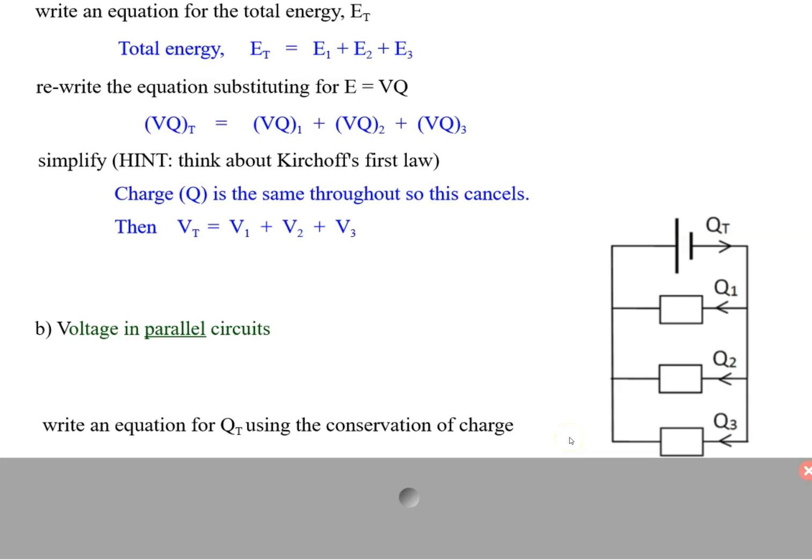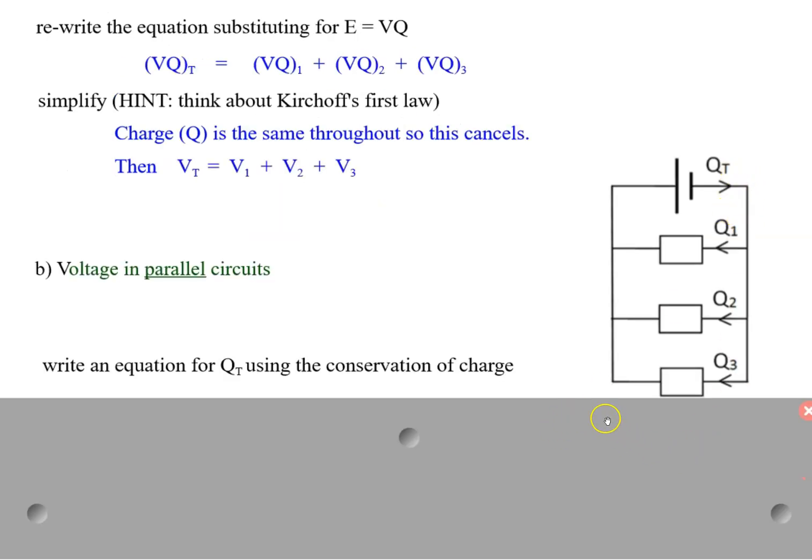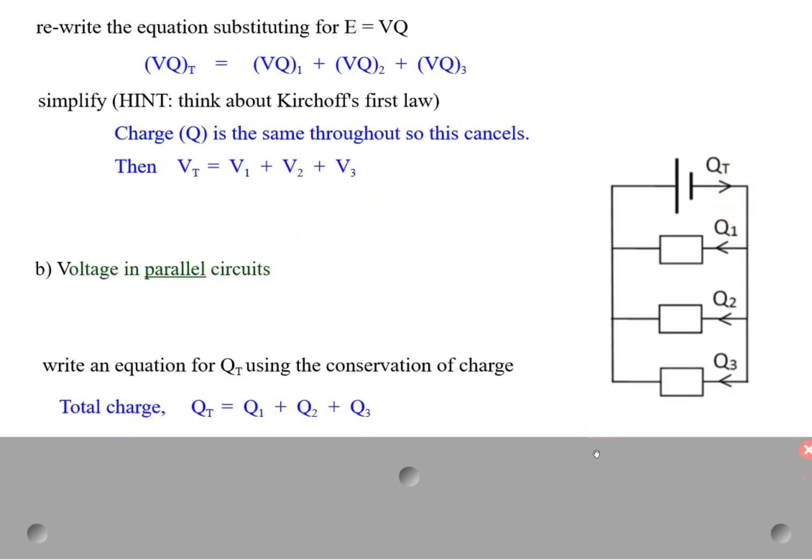A parallel circuit is not the same as a series circuit, so we need to think, what is the relationship mathematically between these terms? Hopefully you can see that the total charge, QT, is equal to Q1 plus Q2 plus Q3. We said in the first lesson that the current, the charge, splits and then reforms. So that's our starting point.